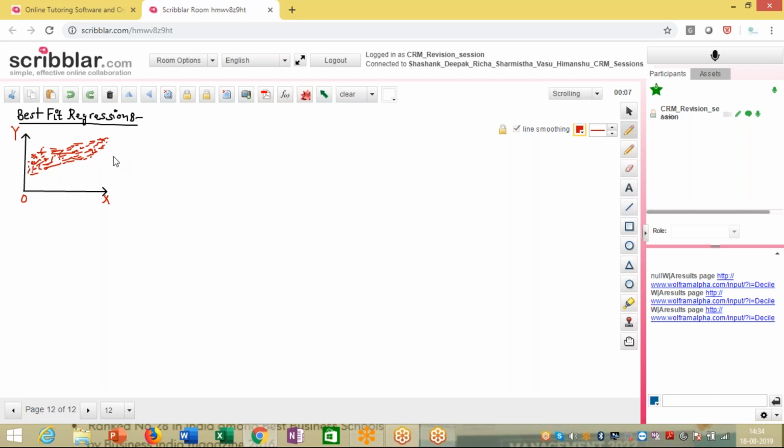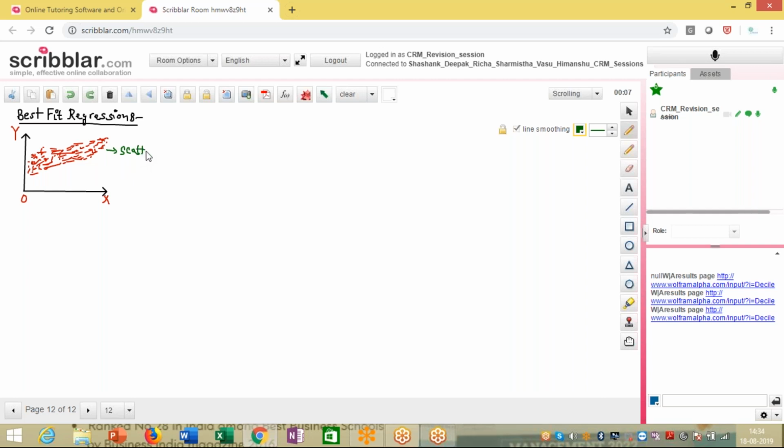So this is the origin, this is the point. So these are the observed points, as we may call them, right? So these are the observed points, which are represented as a scatter plot in the graph.